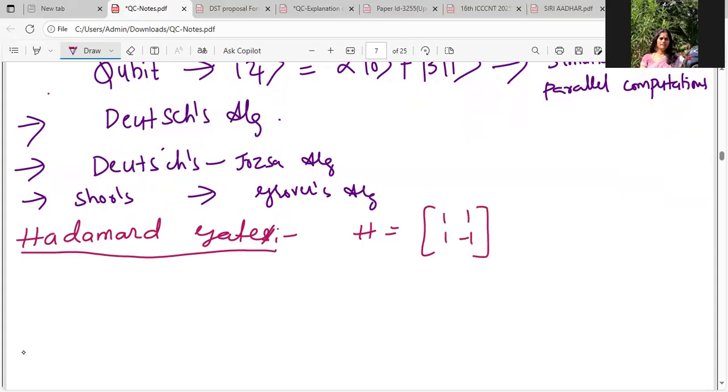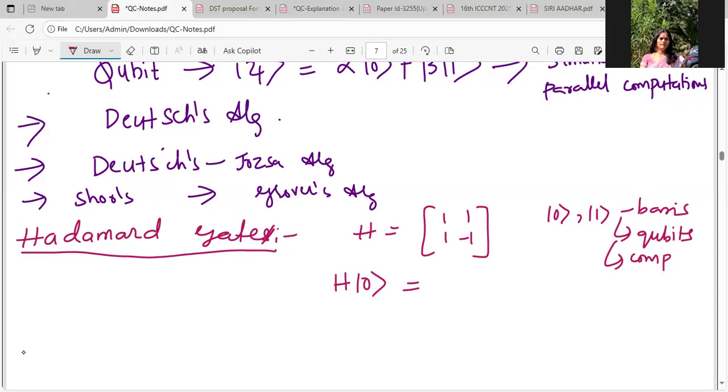This is the matrix. Now, coming to what happens when it is applied on the computational basis. These are the qubits, also called basic qubits or computational basis, because they form the basis for quantum computing. Usually they are called with these names.